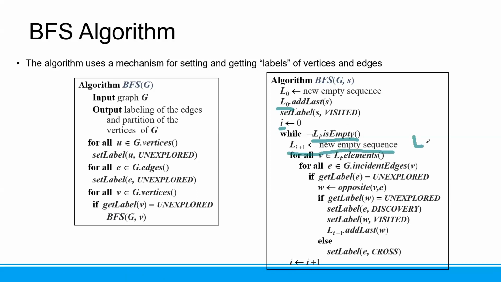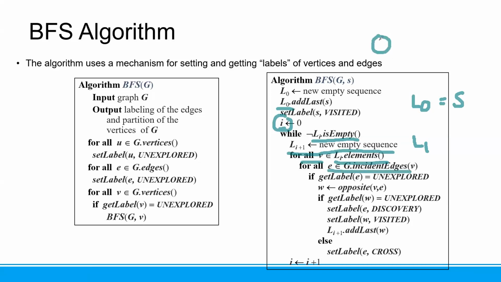So we will make L1. At the start we have L0, now we have L1. For all v that are elements of Li, what is i now? i is still 0, so we have S, the starting vertex. And again, we will check the incident edges. You know what incident edges are from DFS.